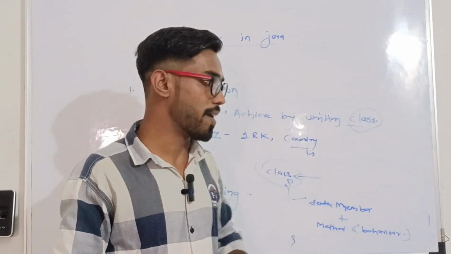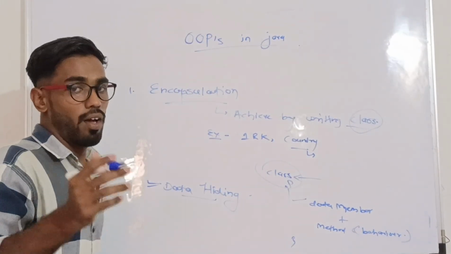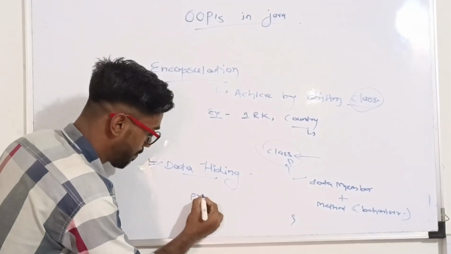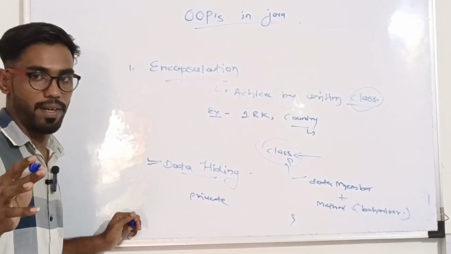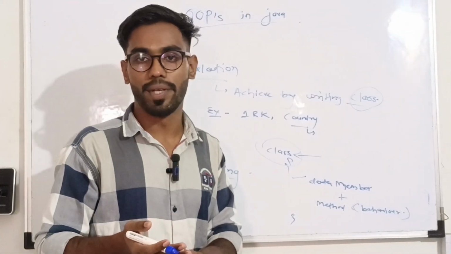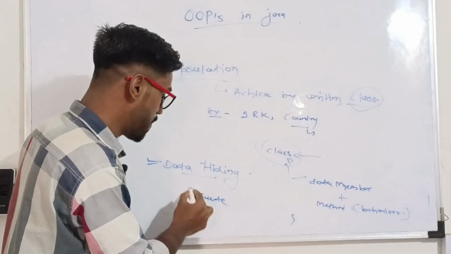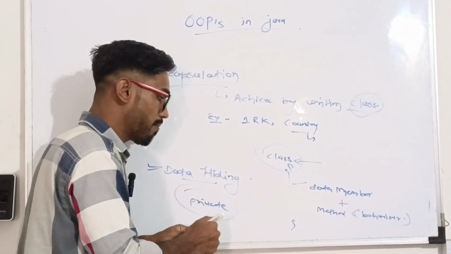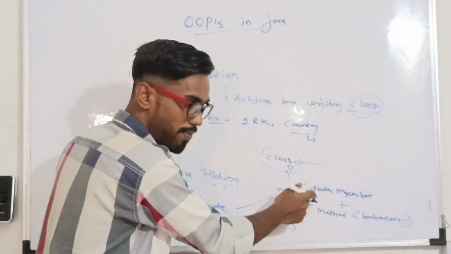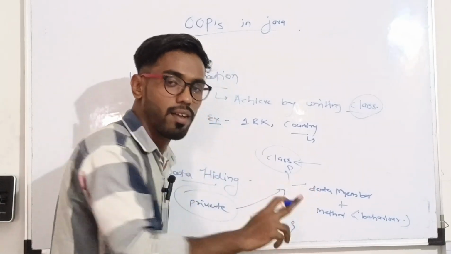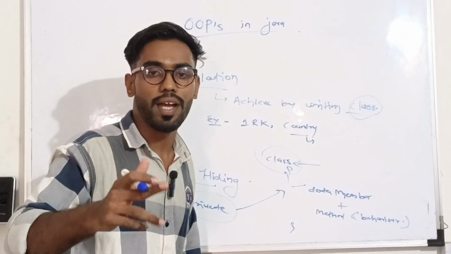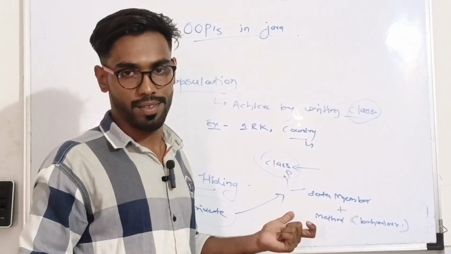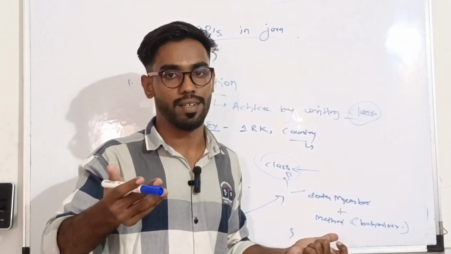Data hiding is nothing but using an access specifier such as private. There are four types of access specifiers: public, private, protected, and default. We apply the private access specifier on a data member, so that the data member cannot be accessed outside of our class. It is like the mom closing the door so that the kid does not go outside.